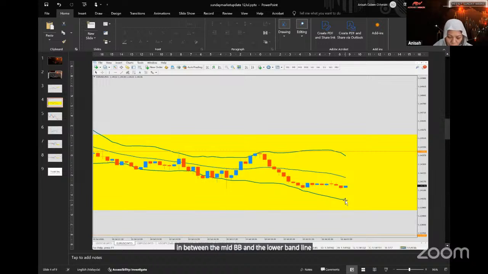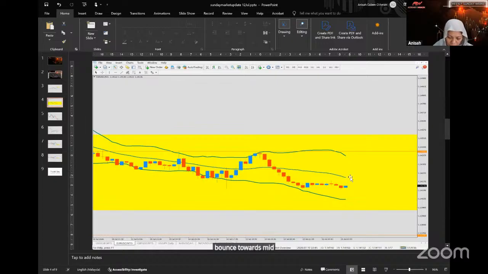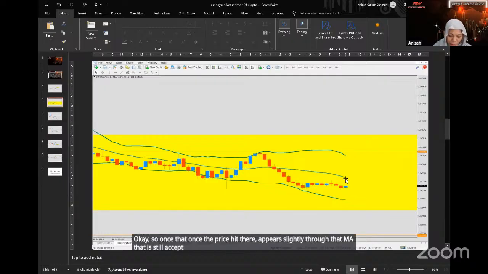So we want to wait for the price to bounce towards mid BB here. Once the price hits that or pierces slightly through that MA, that is still acceptable. So we enter short.